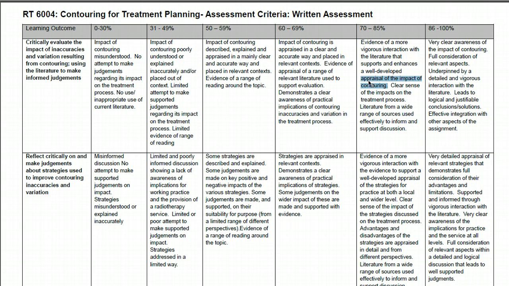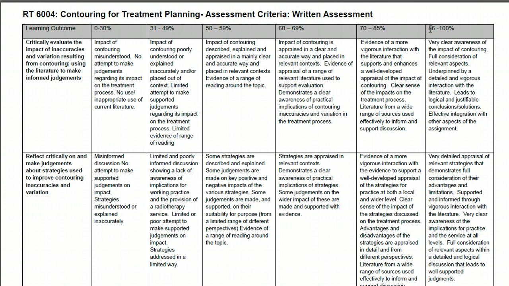Again, moving up, what I'm expecting to look at is evidence, more vigorous interactions with the literature, and your opinions and appraisals on the impact of contouring. I also want to see a clear sense of the impacts on the treatment process, and literature from a wide source of journals, used effectively rather than just thrown in for the sake of it.